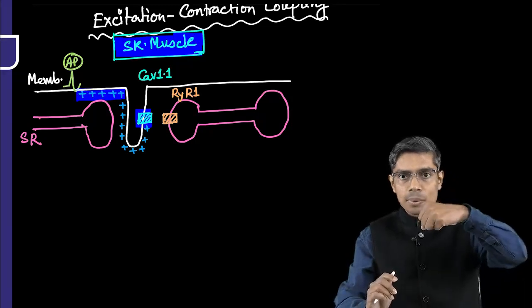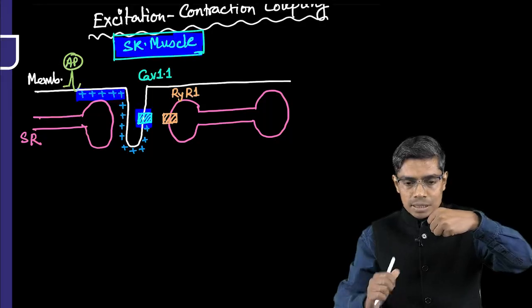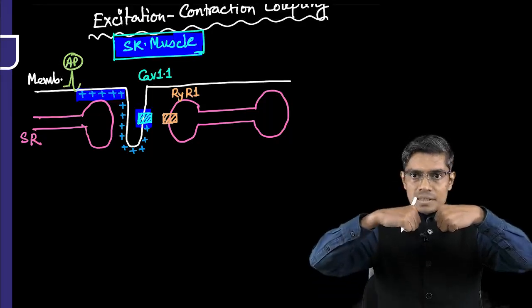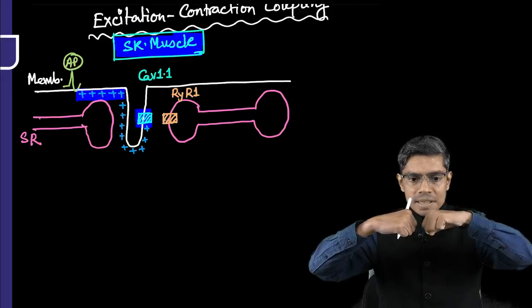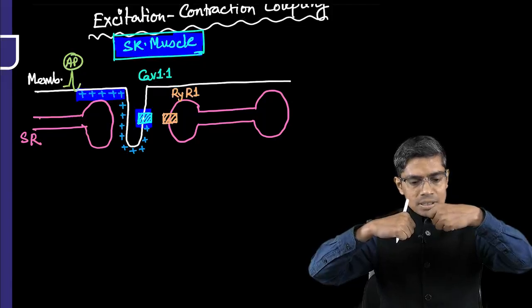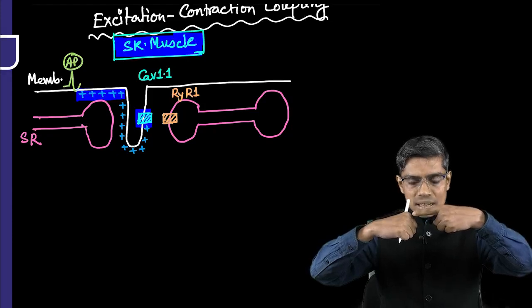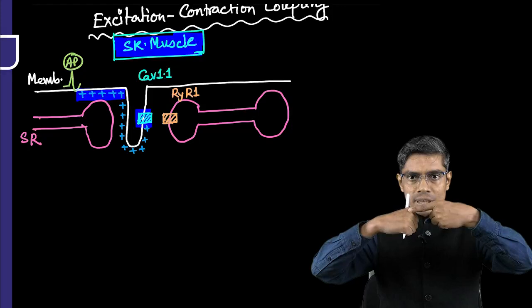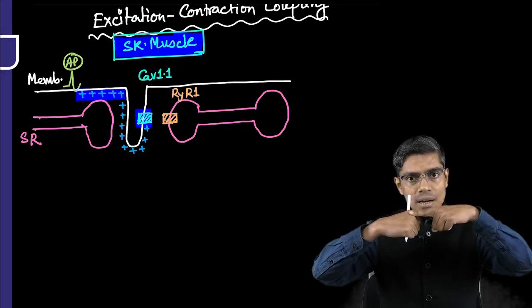DHPR, okay, it's a protein only, it's a channel, right? So it's a protein, and just opposite to this there is RYR. Whenever the DHPR is activated by depolarization, it will change its conformation and there will be extension of one of the arms from this channel, and this arm is going to interact with the RYR.